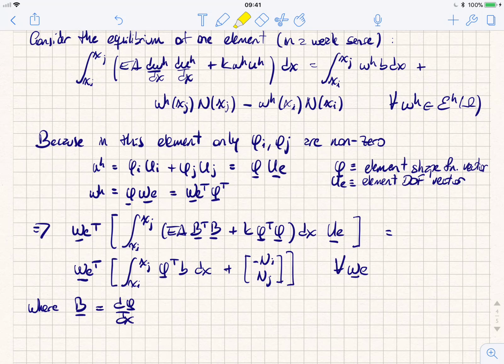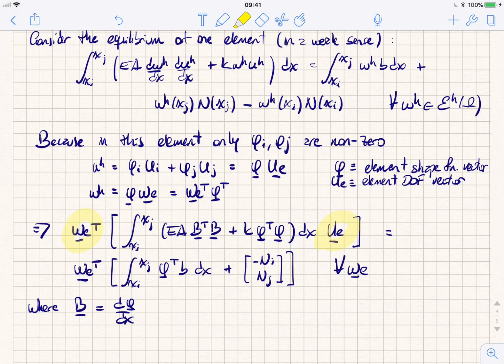If I take the derivative of W with respect to x, since whatever is a function of x is only the shape functions, the degree of freedom vector is just a constant. And since these are constants, basically I can take them out from the integral. And so you see that u shows up here and we shows up there.